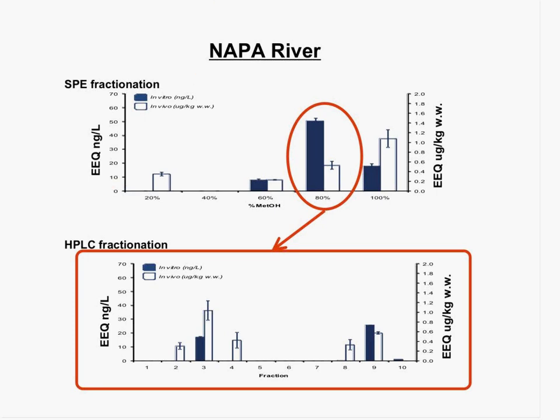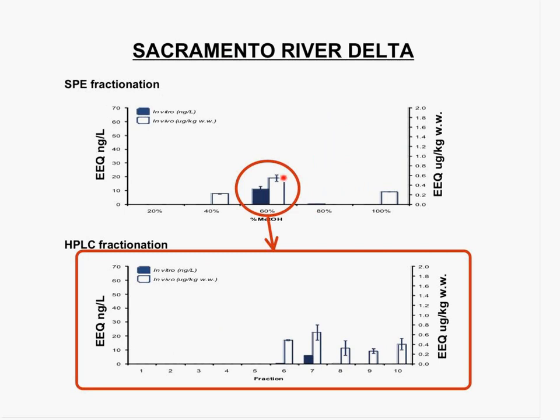The same thing is true for the Sacramento River Delta. In this particular case, we did see activity at the 60% fraction, which is where steroid hormones come out, and we actually saw further activity after HPLC in fractions. Again, steroid hormones should be coming out right here at about the 8 or 9 fraction mark.